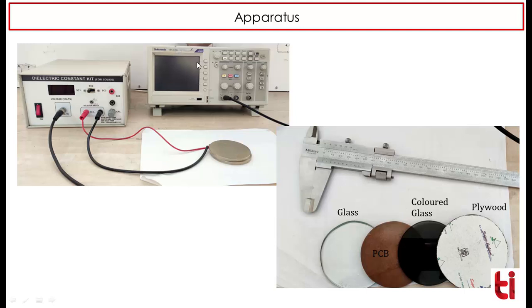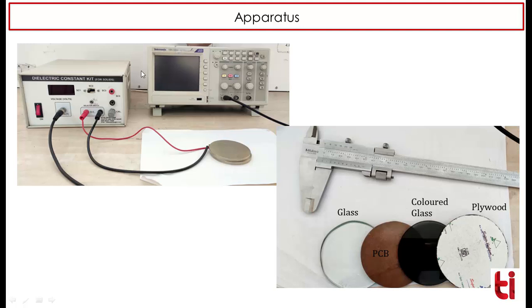For determining the dielectric constant of the given samples in the lab, we have the dielectric constant kit with a CRO attached to it. Within the dielectric constant kit, we already have the standard capacitor and the inductor along with the audio oscillator which will be used to charge the capacitors.